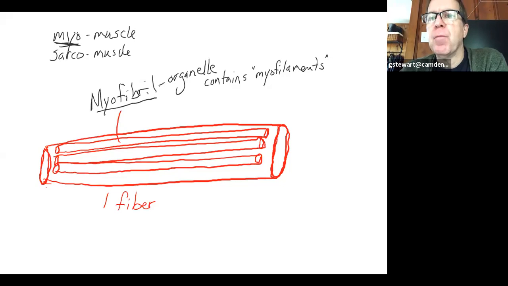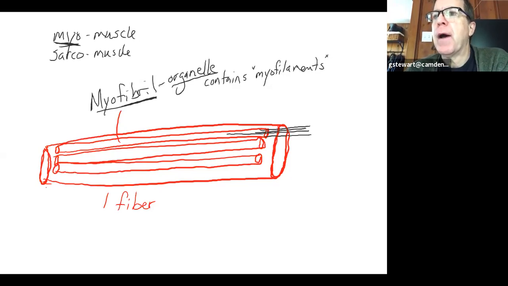And so the myofibril literally translates to a fiber-like structure within a muscle. So this is a specialized organelle that contains myofilaments, which are these thinner rod-like structures. So inside of each myofibril are these thread-like structures called myofilaments.